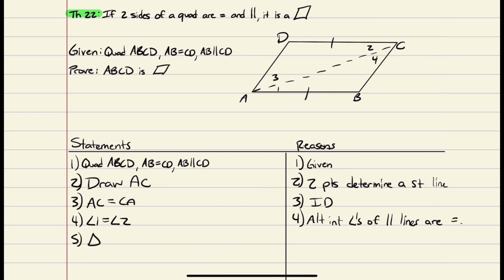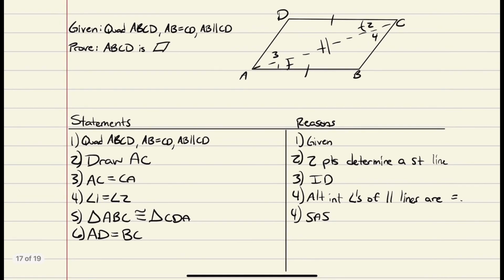Number 5, we can now say triangle ABC is congruent to triangle CDA by side, angle, side. We stated that this is equal to itself, this is equal to that, and there we go. We have side, angle, side. There it is. Number 6, I can say that AD equals BC, and I said number 4 twice.